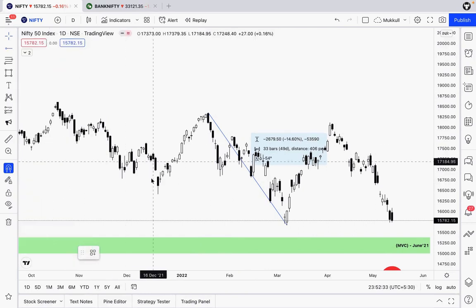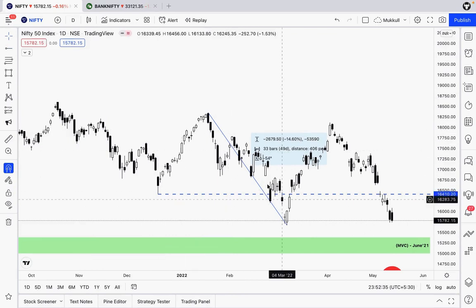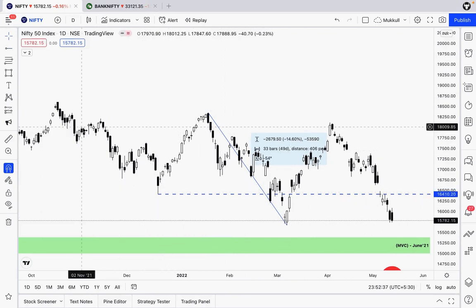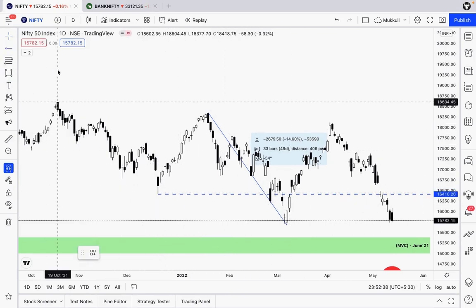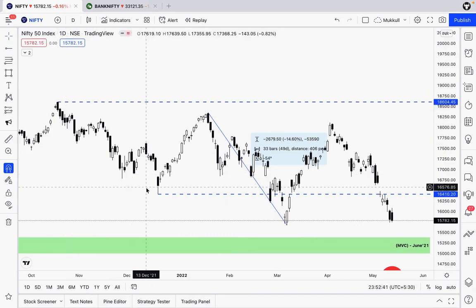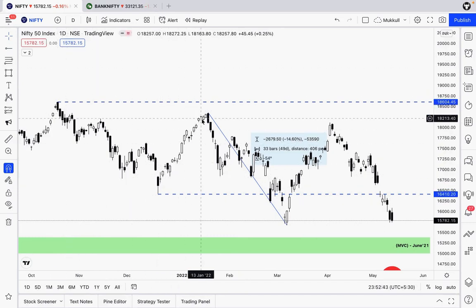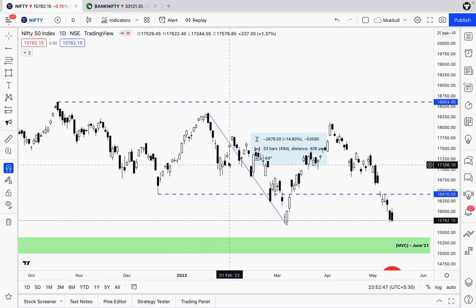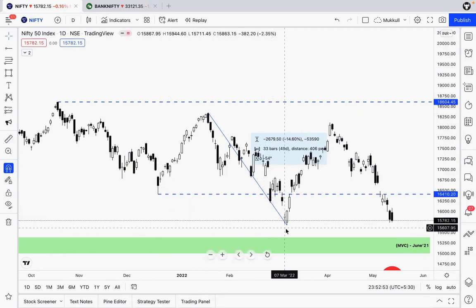What is important here, I will just mark a few things. This was particularly a swing low for Nifty. This is the swing high, and this is the swing low from where we got a pullback. Now, when this structure again came back, we broke this swing low and formed a new swing low.